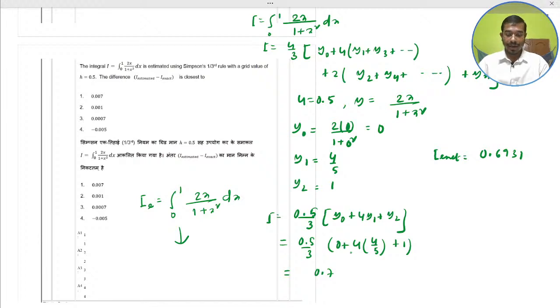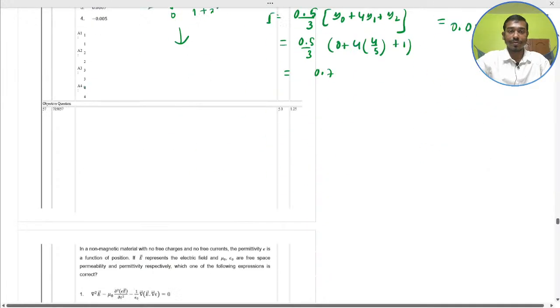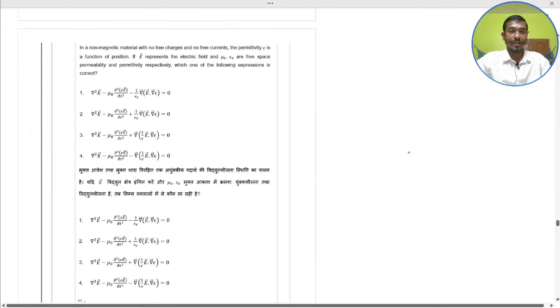So the difference, I estimated minus I exact, this is the estimated and this is the exact. This difference would be 0.007. Subtract this from this, you would get 0.007, means option A is correct. Option 1, 0.007. Next question, question number 57.